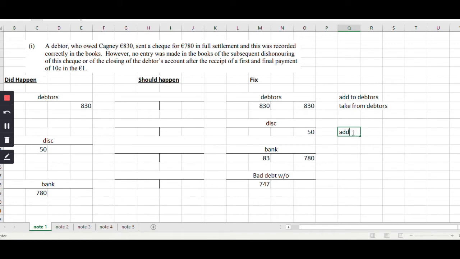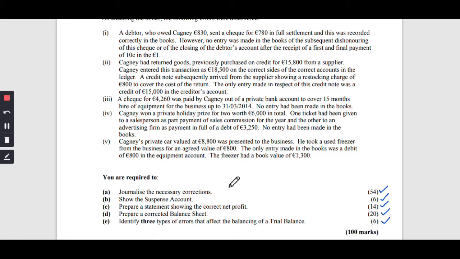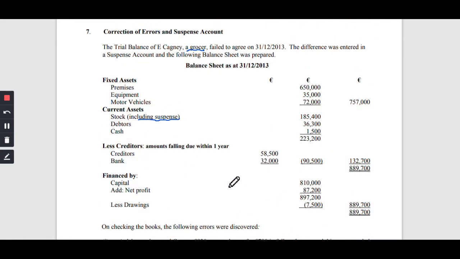If it's credited, you will add it. So we are going to add to P and L, and I will show you what I mean by that later. The bank, okay, this is very important that you check first of all in your initial balance sheet, do you have a bank overdraft or do you have a bank current asset? So if I just flick back to the bank account, you will see here the bank is a current overdraft of 32,000.